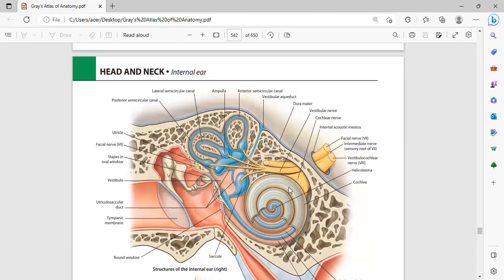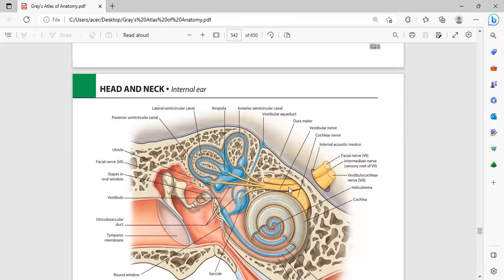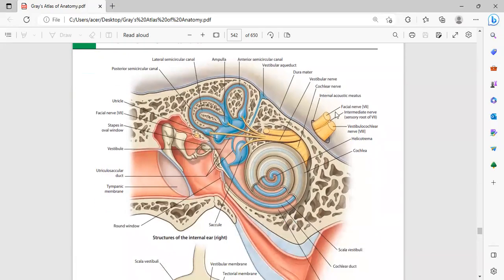This labyrinthine artery is a branch of the basilar artery, or it can also come from the anterior inferior cerebellar artery. Then it enters through the internal acoustic meatus and divides into branches which will accompany the cochlear nerve and the vestibular nerve, and will go on to supply the structures of the internal ear.